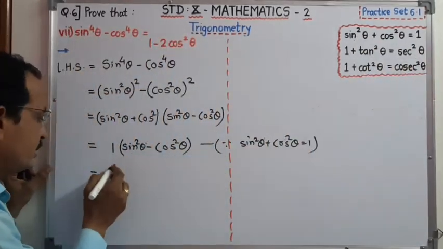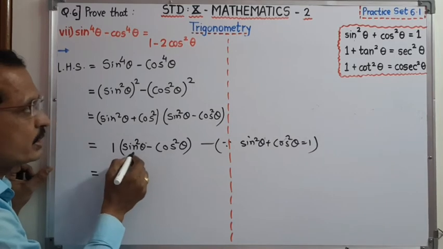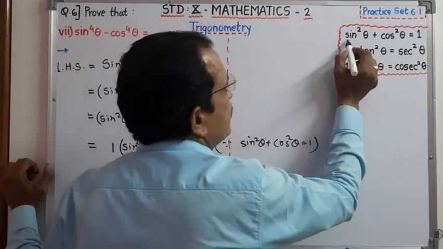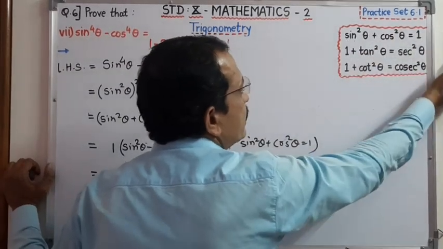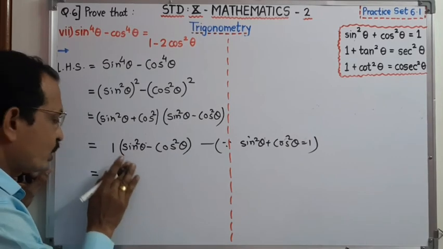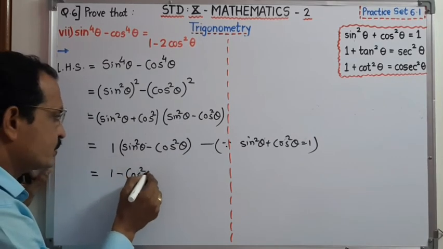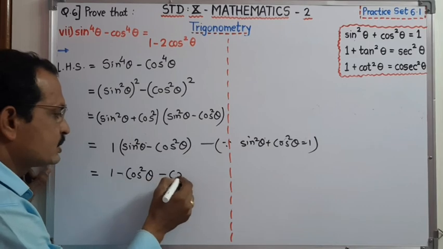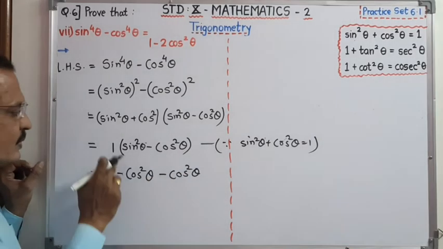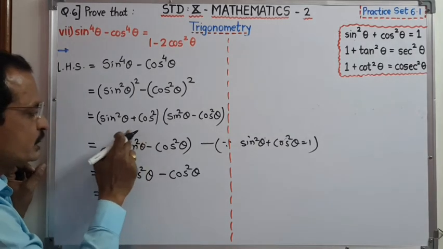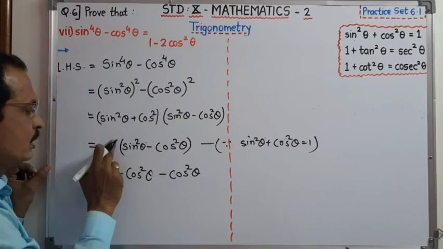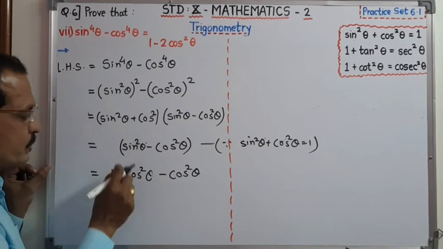Therefore, instead of this sin square theta we have to write 1 minus cos square theta, minus cos square theta. See, dear student, I think everyone understood it. Instead of this sin square theta, I write 1 minus cos square theta. Here we can remove this 1.